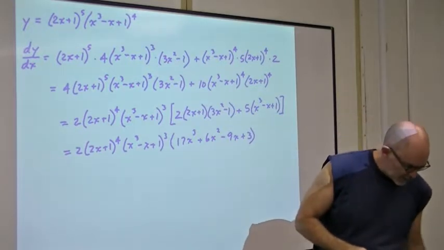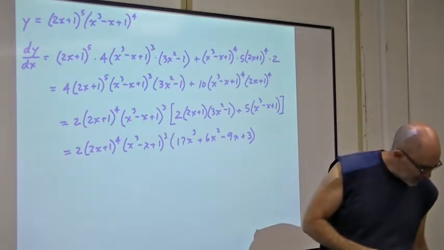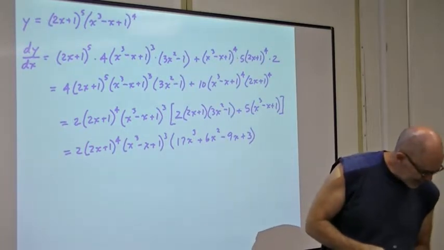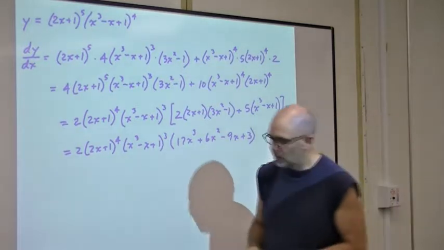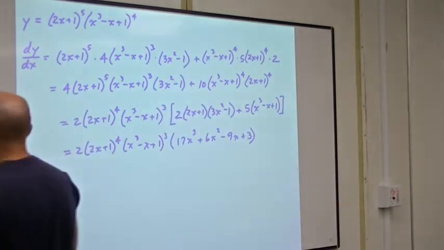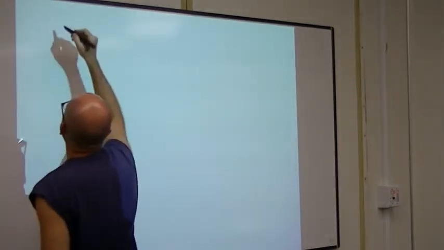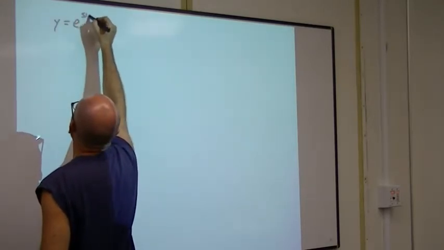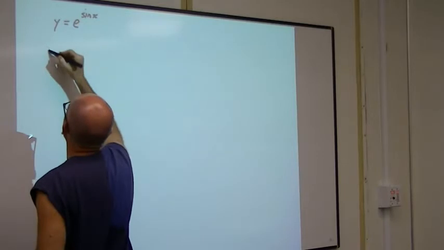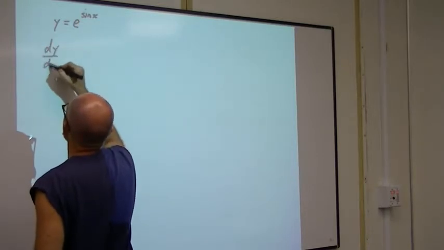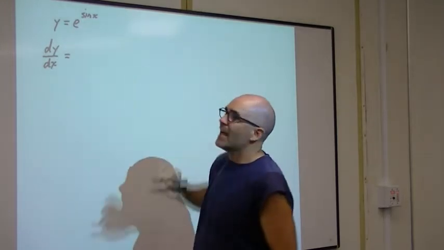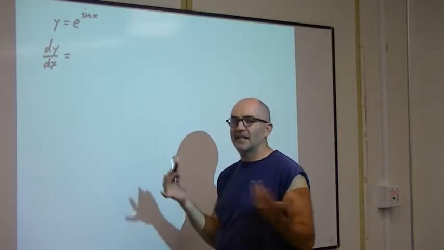Just a couple more examples here. e to the sine x. If y equals e to the sine x, what's dy/dx? Well, the derivative of e to the x is just e to the x.